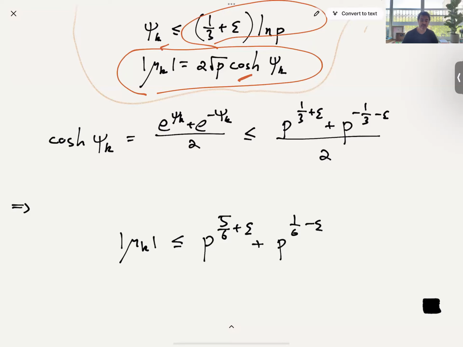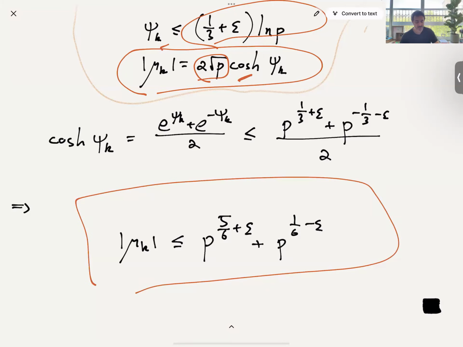So plugging this in, you get p to the 1/3 plus epsilon plus p to the negation of that, which is small and we don't care about it, but it's there, over 2. And then multiplying by 2 square root of p, we finally get what we wanted to prove: the absolute value of mu k is bounded by p to the 5/6 plus epsilon plus something which you should kind of ignore, but it is there.